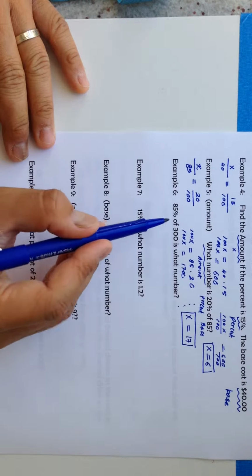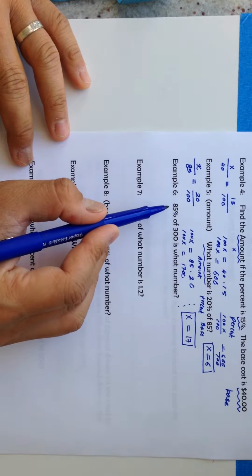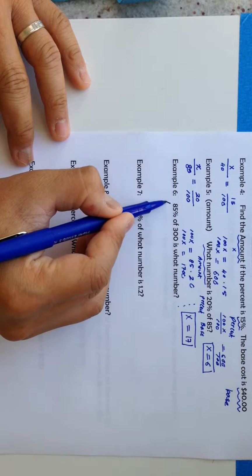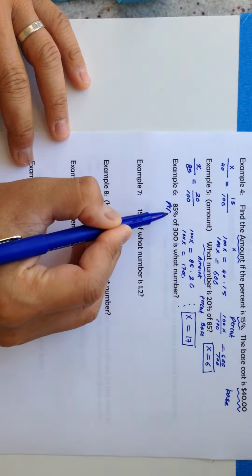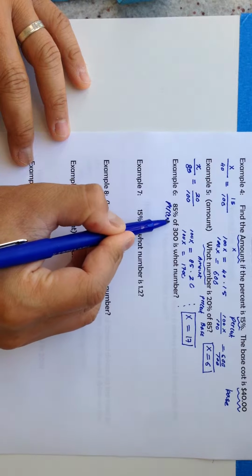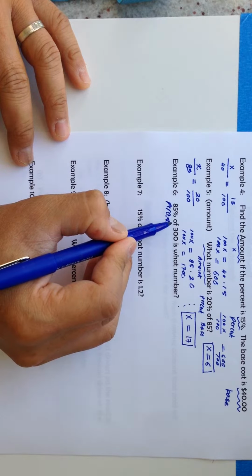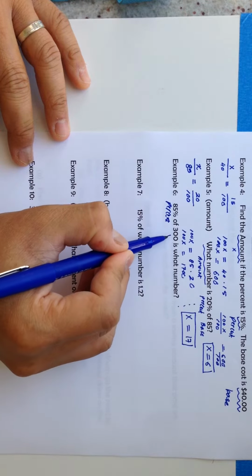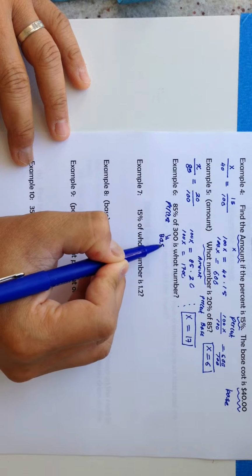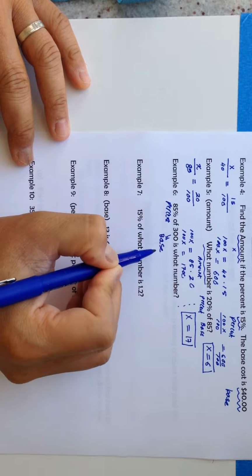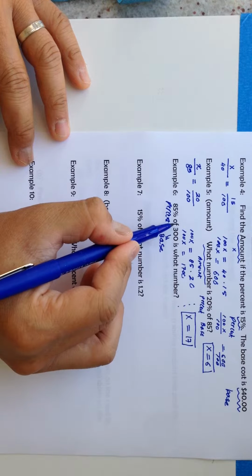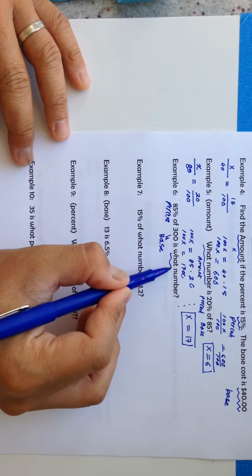Example 6: 85% of 300. When I see either the percent symbol or the word percent, I know that they give me the percent. 300 is going to be my base, because the base always follows the word of. What number is going to be my amount?